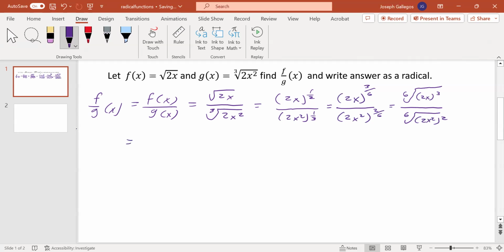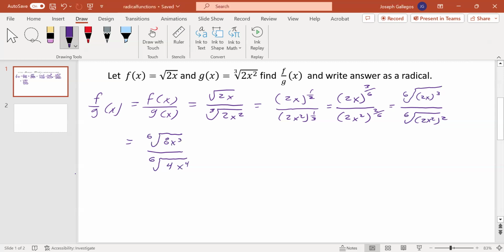So we would have the 6th root, and in the numerator, 2x times 2x times 2x is 8x cubed. And in the denominator, we have the 6th root of 2x squared times 2x squared, and we're going to get 4x to the 4th power, like that. And now these have the same index number.